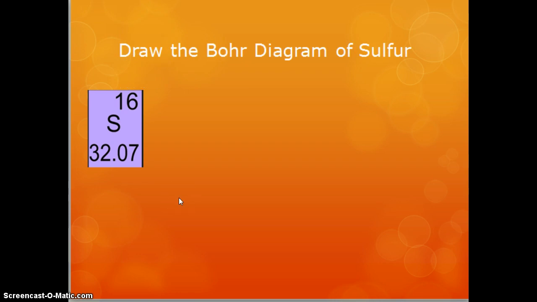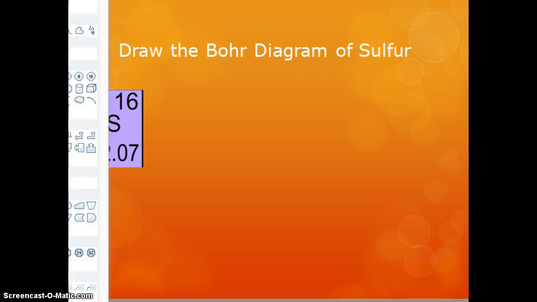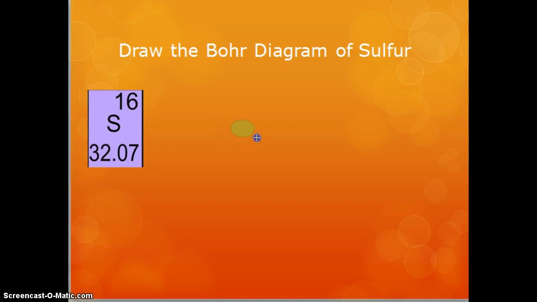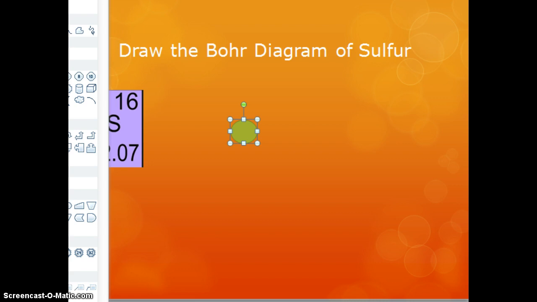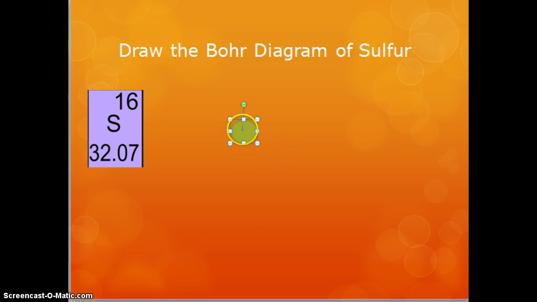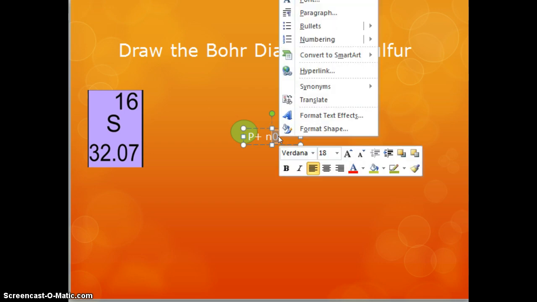Now draw the Bohr diagram of sulfur. Okay, so what goes in the middle? In the middle is our nucleus, right? And what is inside the nucleus? We have protons, which are positive, and we have neutrons, and neutrons, of course, have no charge.